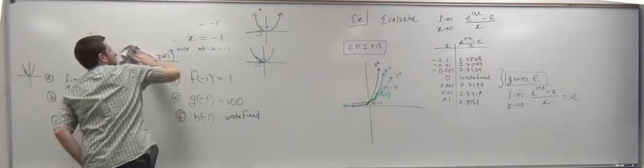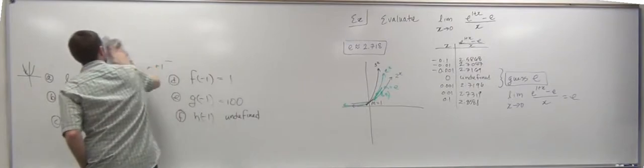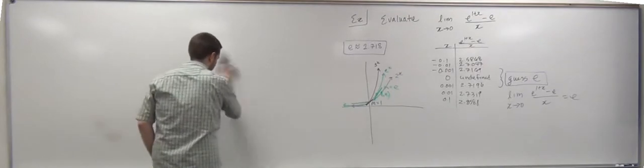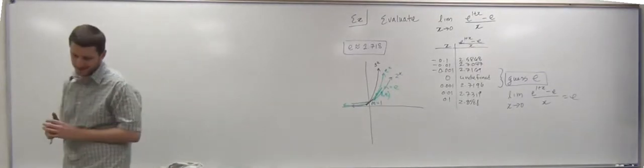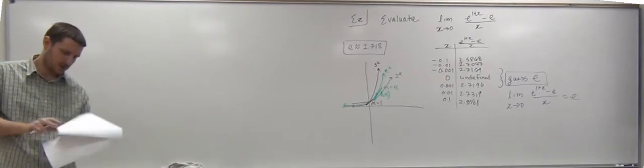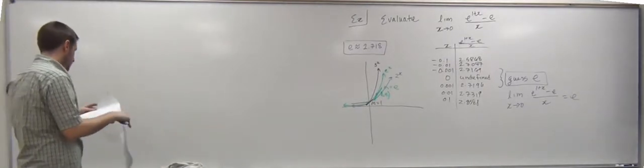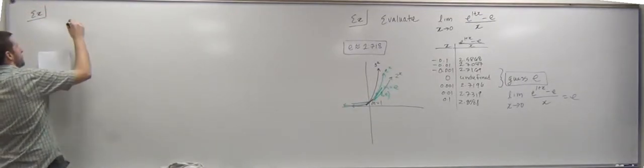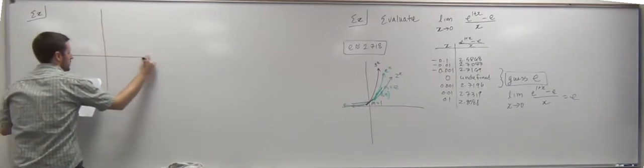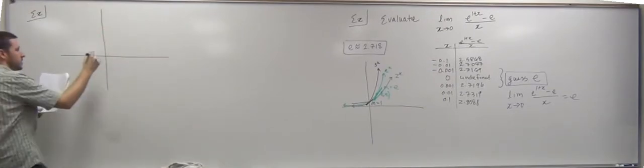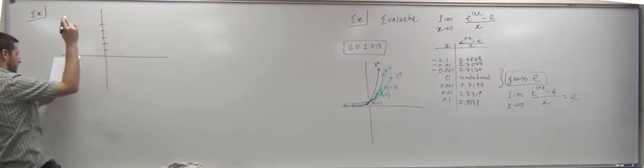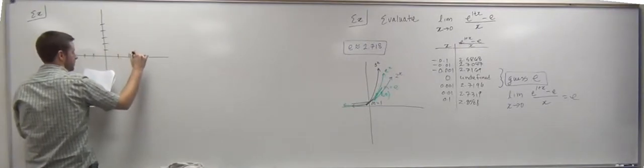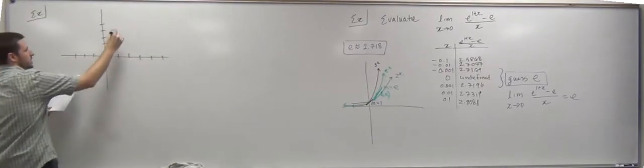Let me give you one more example and we'll go on. So here's a function. I'll draw you a function. 1, 2. It's going to have an asymptote here.